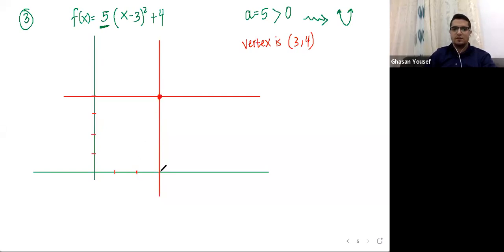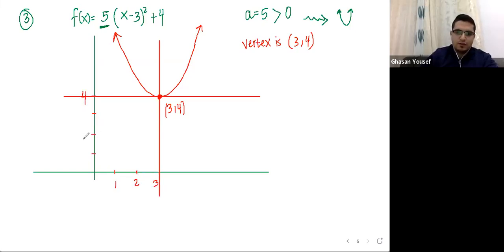This is my vertex. Now the parabola is opening upward, right? Because A is positive. So the graph should be something like this. This is the graph of my parabola function. This is my vertex (3, 4). Here is 3, this is 4, this is 1, 2, and this is 1, 2, 3.